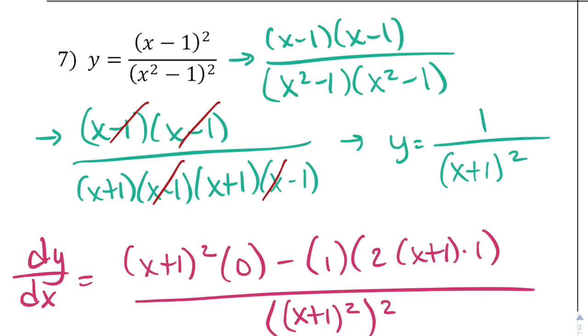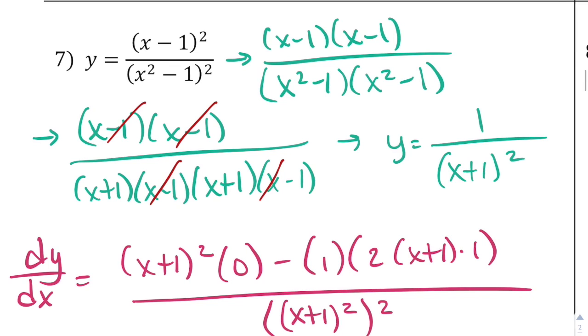X squared minus 1 squared is the same thing as x squared minus 1 times x squared minus 1. And then when we factor x squared minus 1, we get x plus 1, x minus 1, x plus 1, x minus 1. So all I did was rewrite and rewrite again. I expanded it to get rid of the terms that I don't need. To put it in a simpler way, it's going to save me a lot of time and energy.